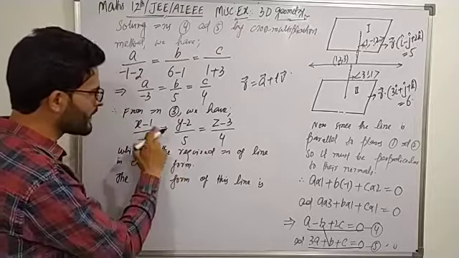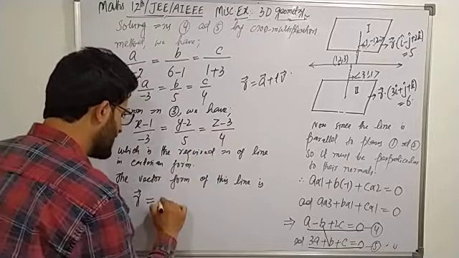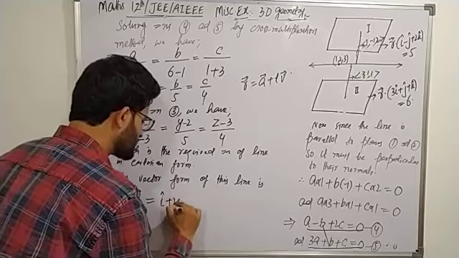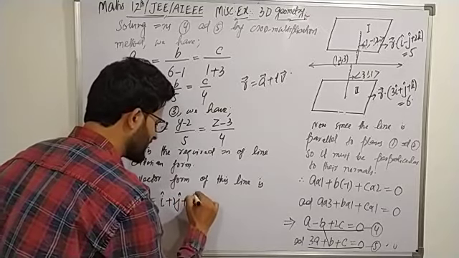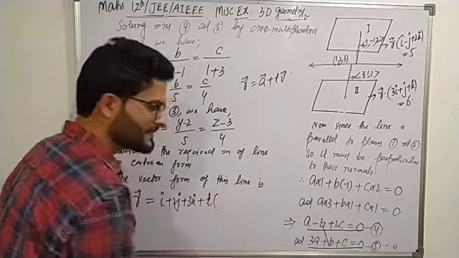It passes through the point 1, 2, 3. So the position vector will be i plus 2j plus 3k plus lambda times or t times v.